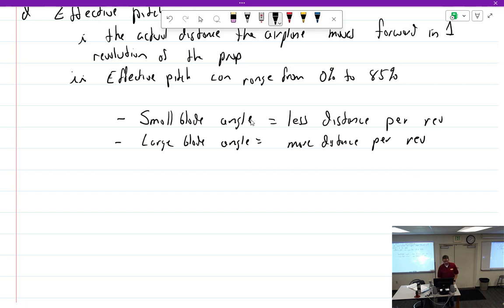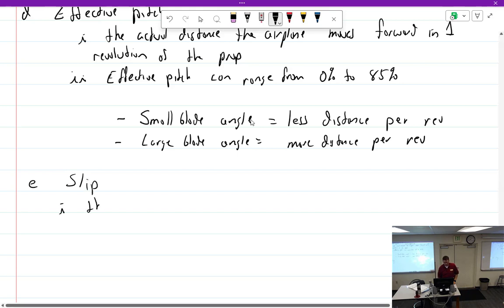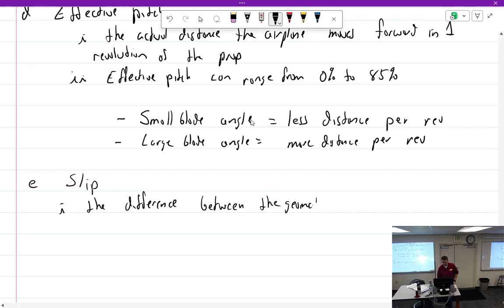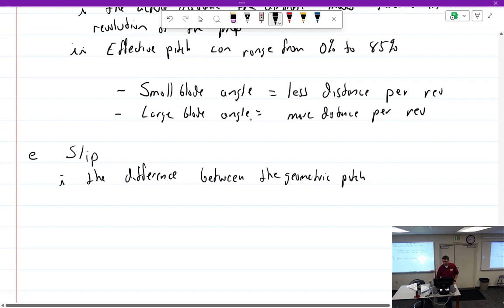All right, so then we have geometric pitch, which is theoretical, and effective pitch, which is actual, and the difference is slip. The difference between the geometric pitch and effective pitch.